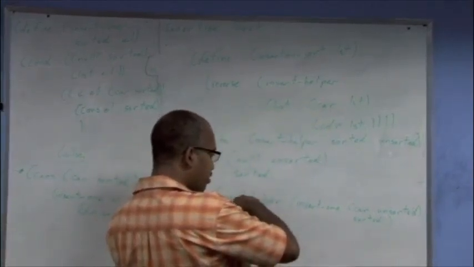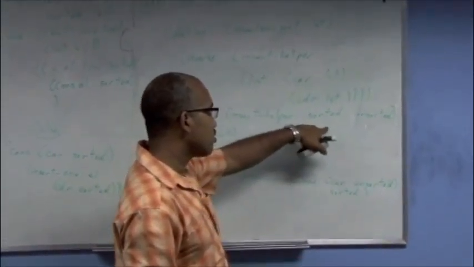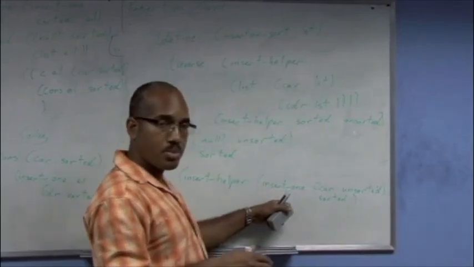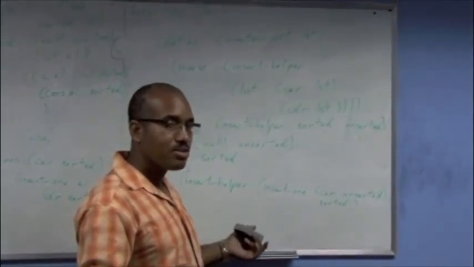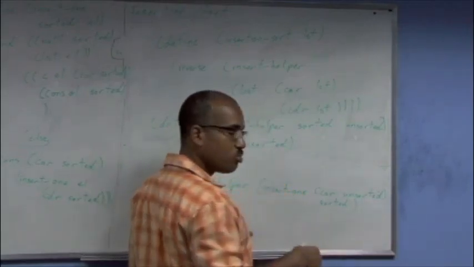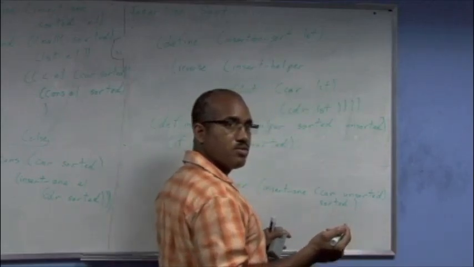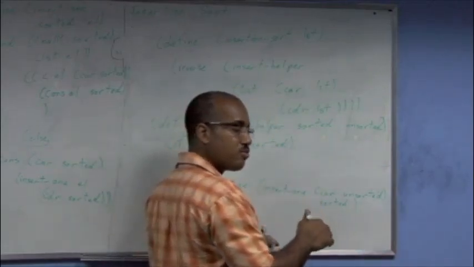And then insert helper takes 2 lists, 1 sorted, 1 unsorted. So the sorted list will be growing by 1 item. Therefore the unsorted list would have 1 more thing cut off. So the second argument to insert helper would be cdr of unsorted, sorry, the rest of the unsorted list.